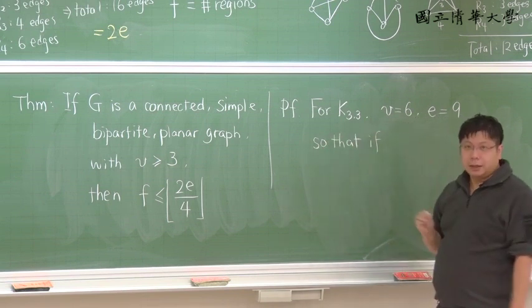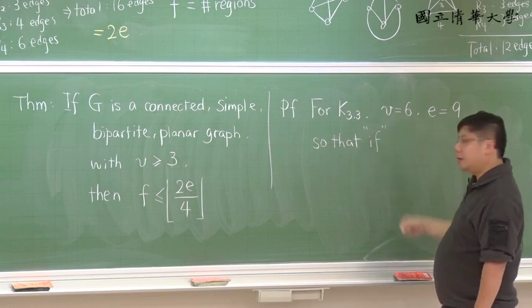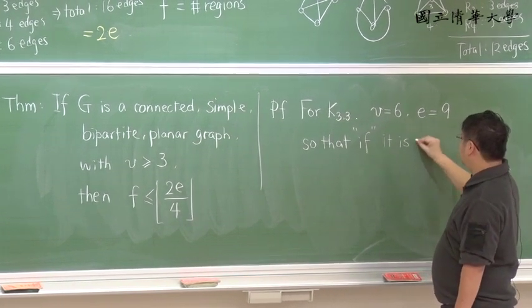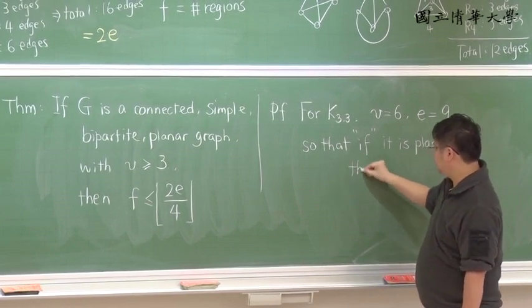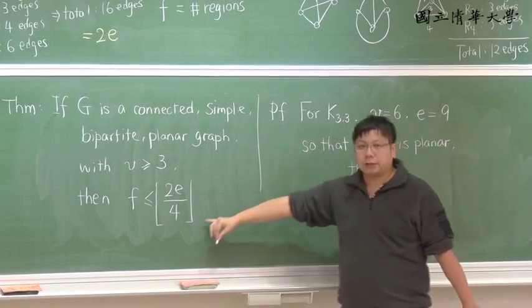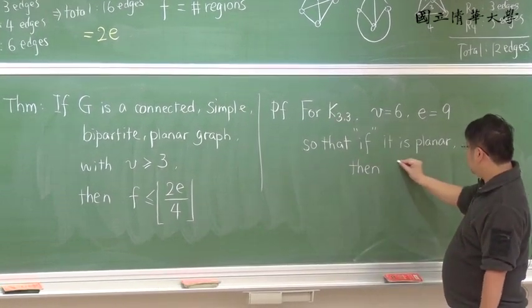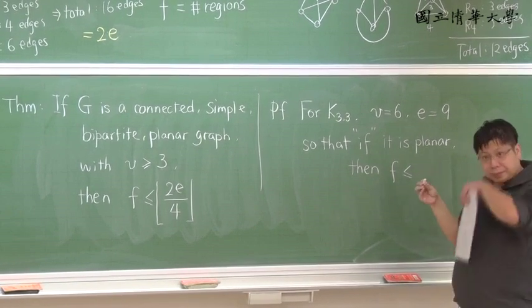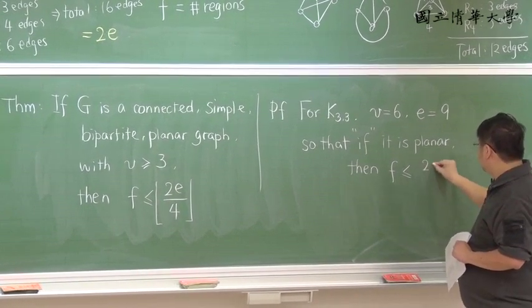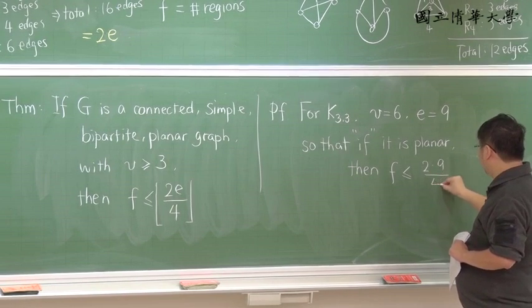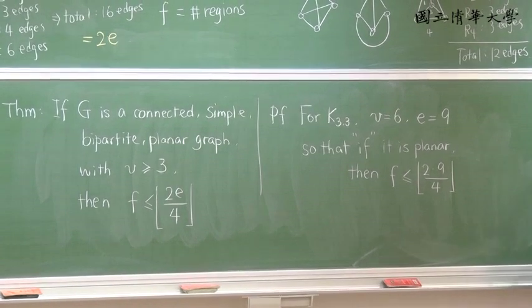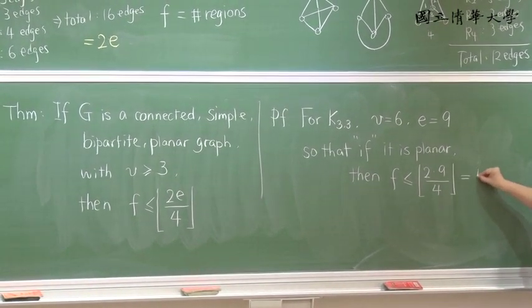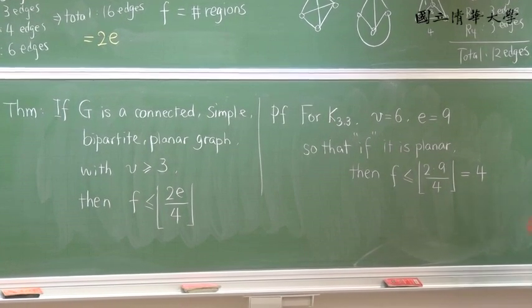We don't know whether it is planar, but if it is planar, then f has to be less than or equal to 2e over 4, which is less than or equal to 2 times 9 over 4, taking the floor. So this is equal to 4. So f is less than or equal to 4.